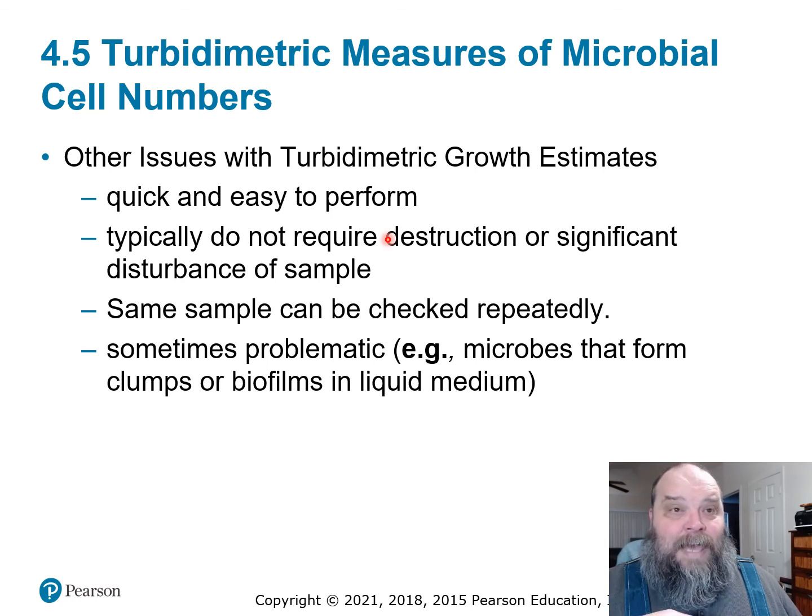But then after that, like I said, you take your tube out of the incubator, you transfer 1 or 2 mLs over to a test tube, you drop it in the Spec 20, it says 0.32. Well, based on your graph, because you graphed the numbers, 0.32 corresponds to something times 10 to the 6th or whatever. Done. Hard part's the first time doing it. After that, it's quick and easy.